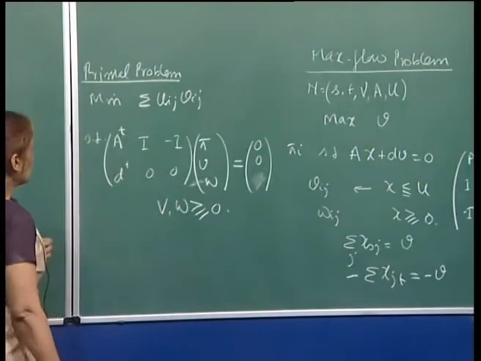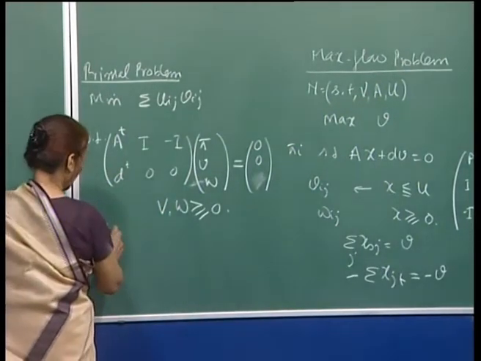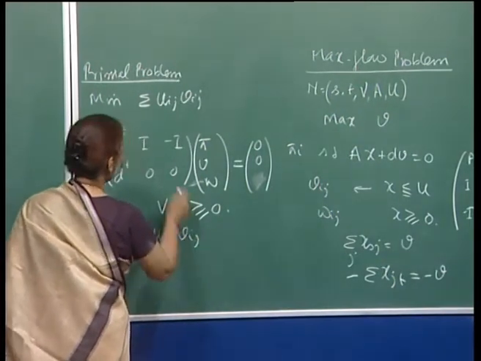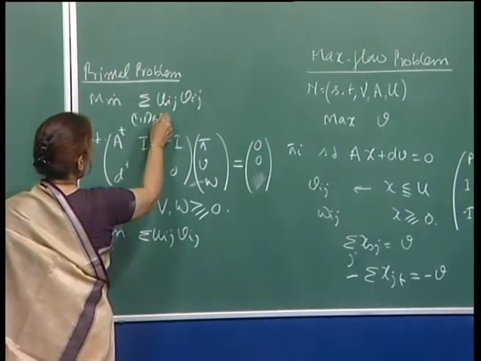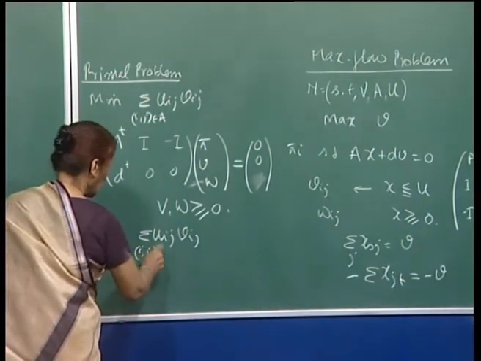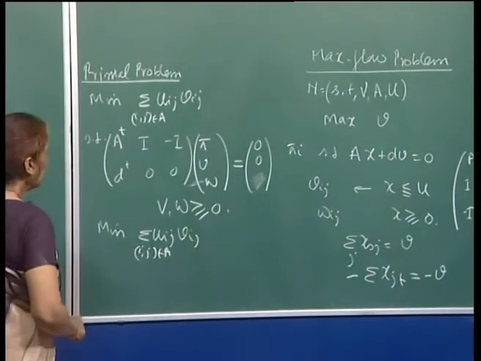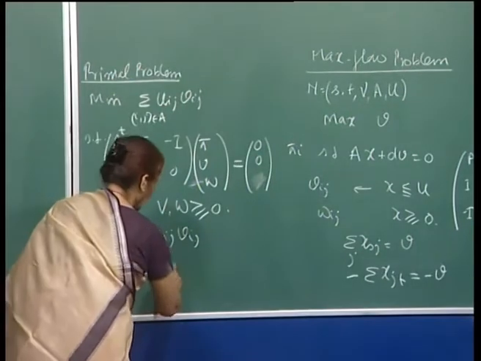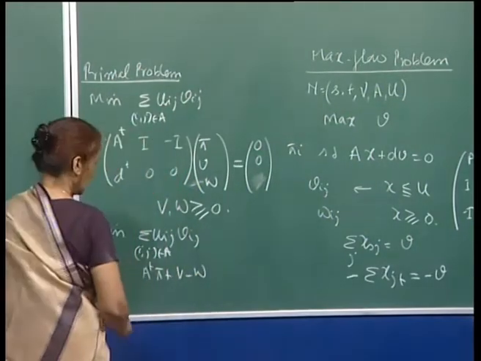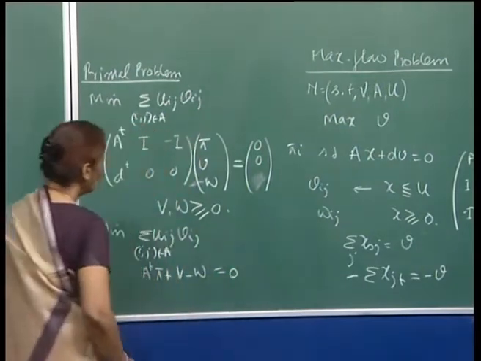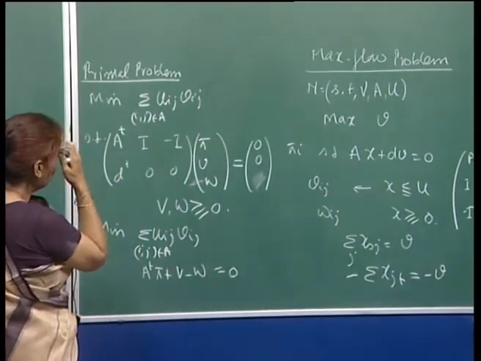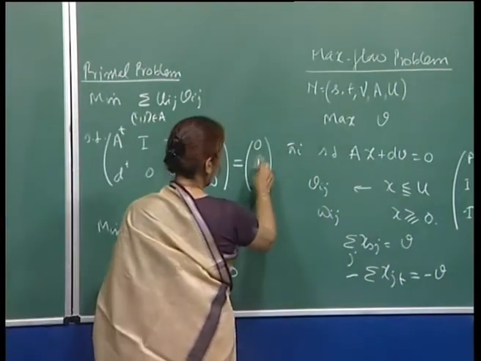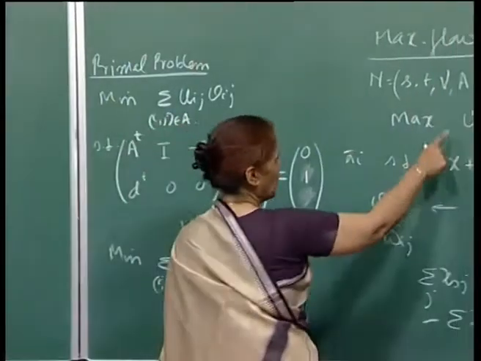Okay, fine. So that means this actually becomes minimize summation uij vij, with ij belonging to A. So this is also ij belonging to A, and this becomes A transpose pi plus V minus W equal to 0. For the D, you see for the V1, this thing is 1, because the coefficient here is 1, right.